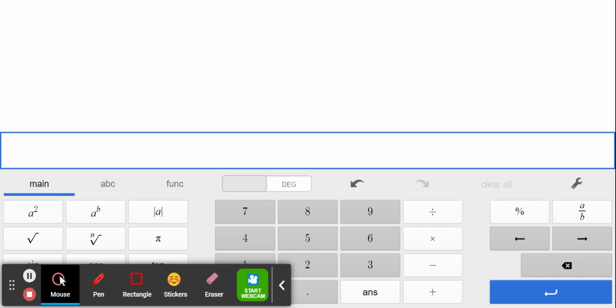Okay, so I'm going to do this. E raised to the 0. 1. What if I put a 4 in front of it? What's it going to be?